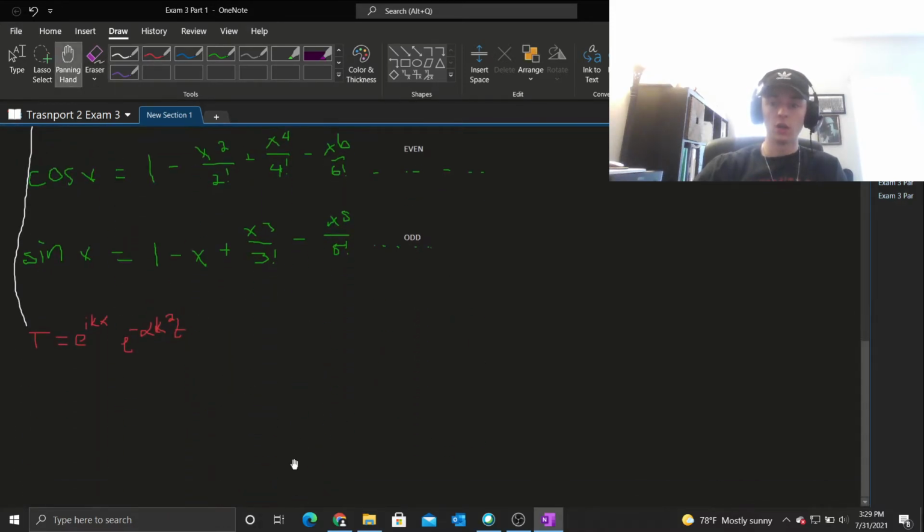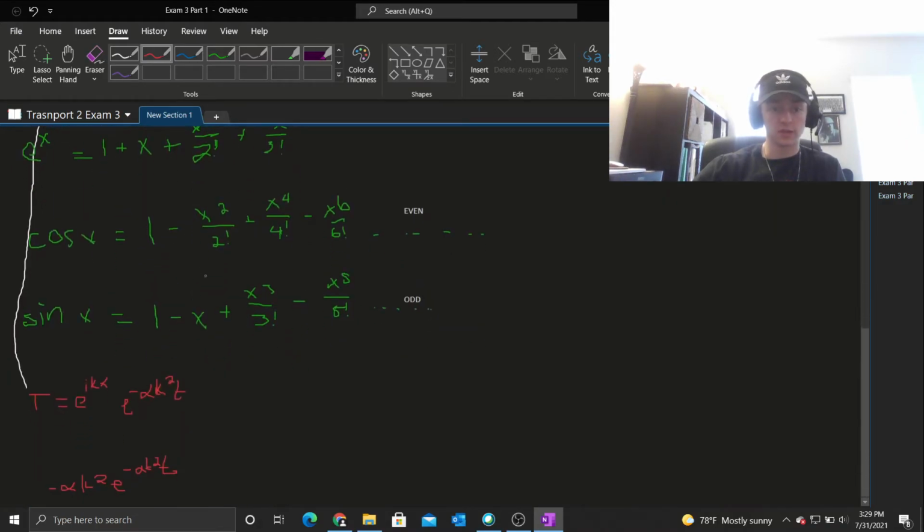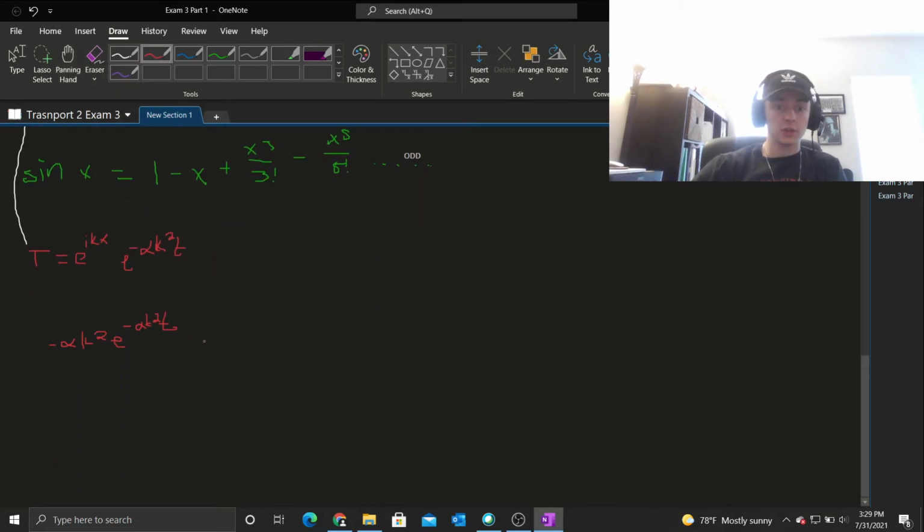We'll start with the left side. After taking the derivative with respect to time, little t, we get negative alpha k squared times e to the negative alpha k squared t times e to the i k x.